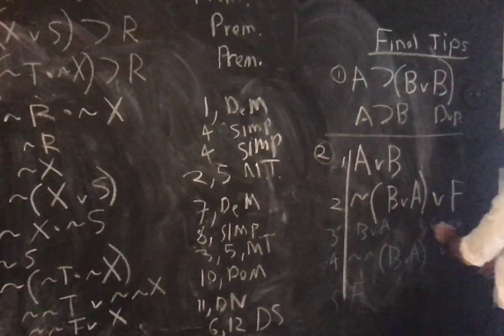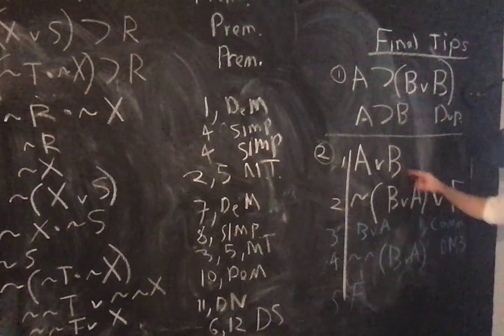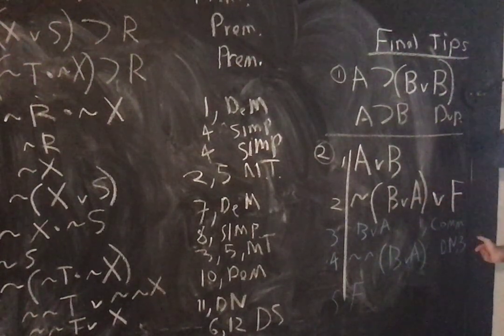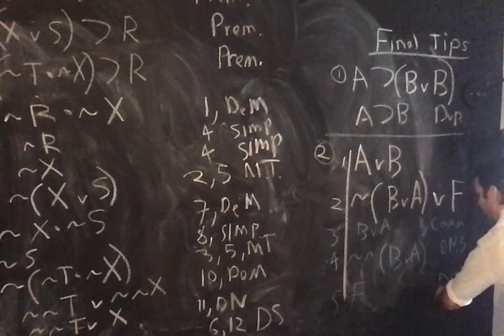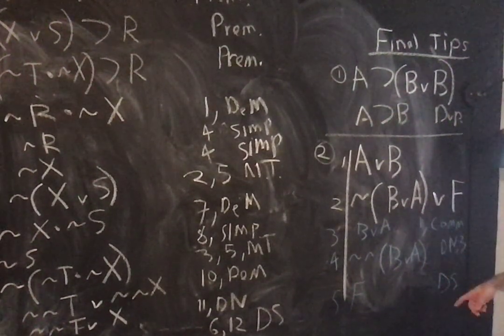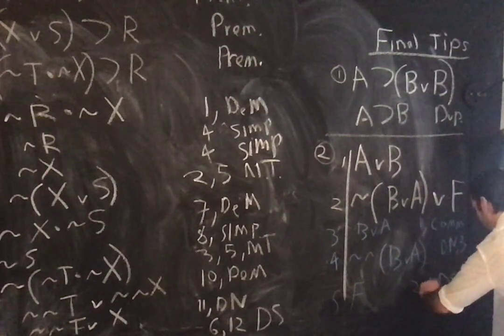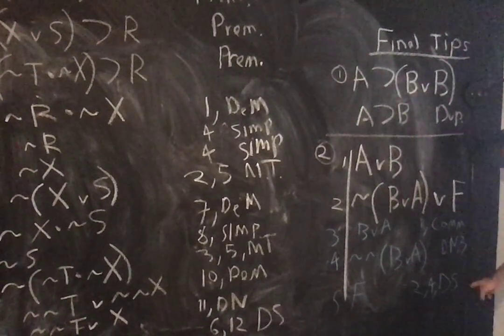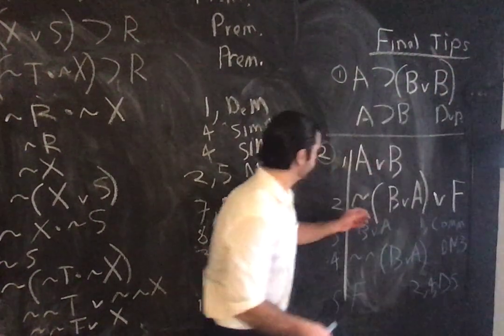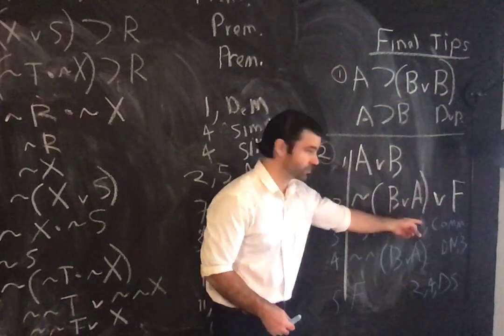So you've got to see that you should be able to get from this to the form of a disjunctive syllogism. F is by DS on 4 and 2. A or B is equivalent to B or A. That's the rule of COM.